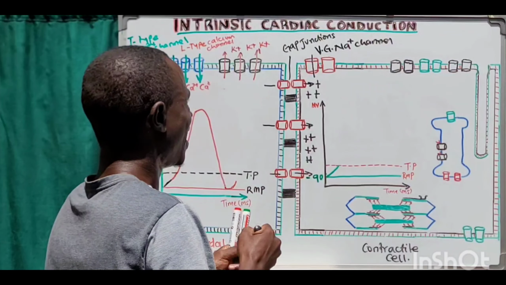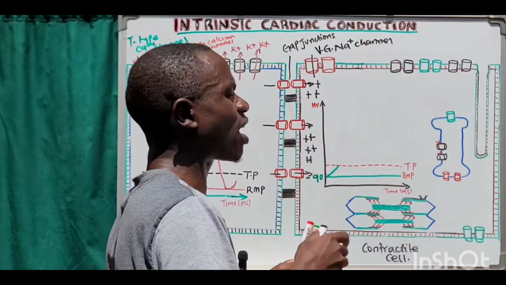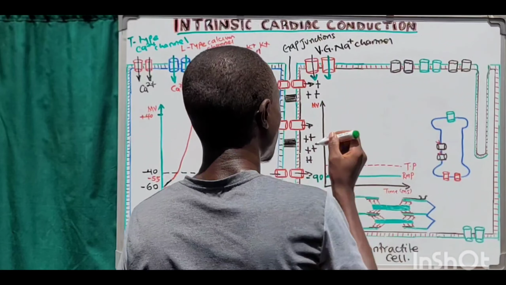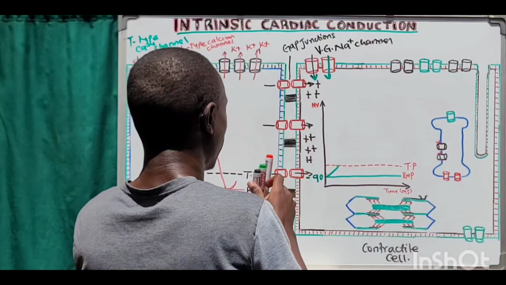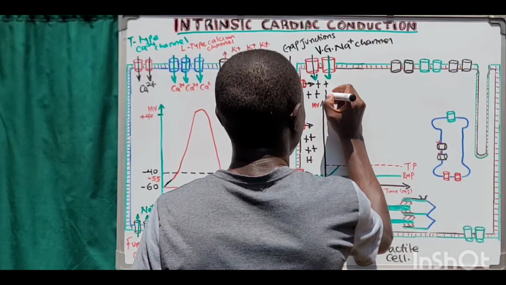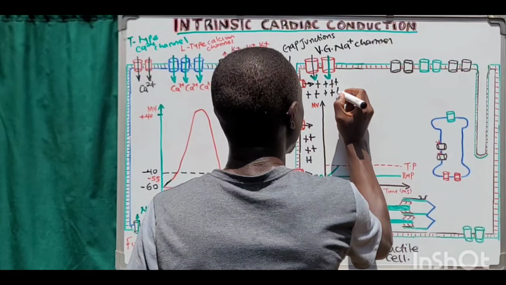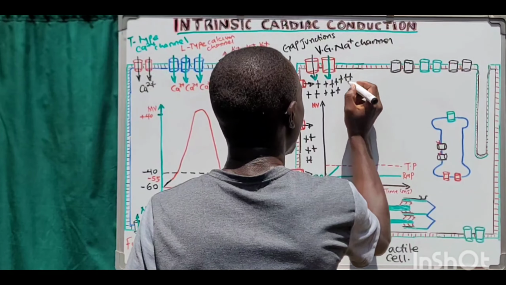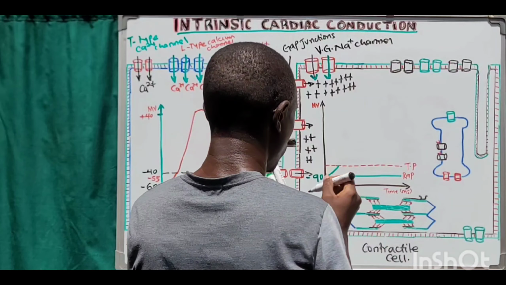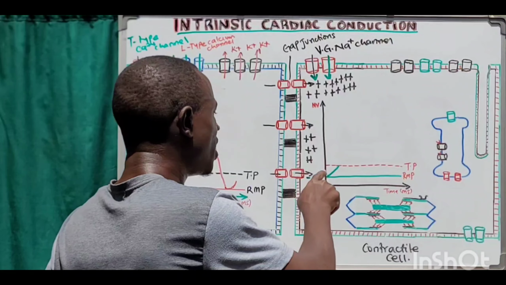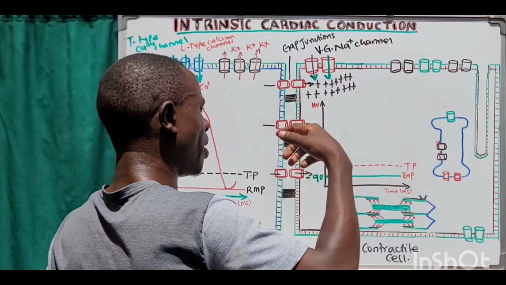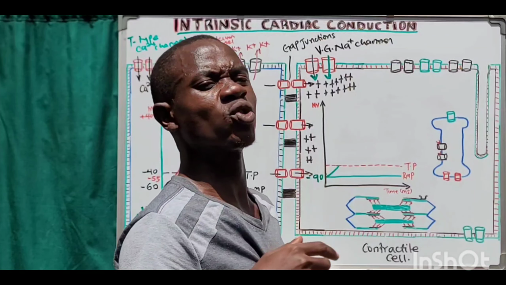Super very important. These channels are going to be opening as if they have never opened before, and they allow a lot of sodium to start trickling in at a terrible speed. So now inside of the cell is becoming more and more electropositive, moving the membrane potential towards electropositivity.